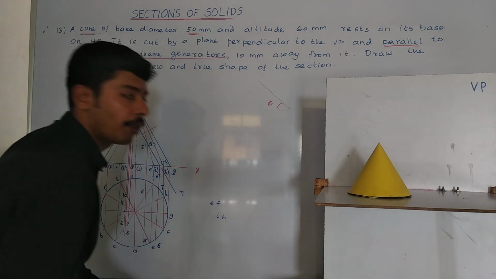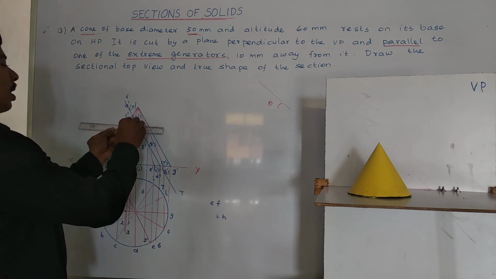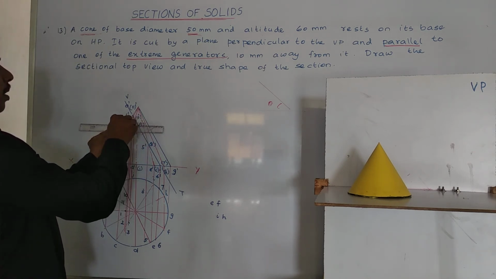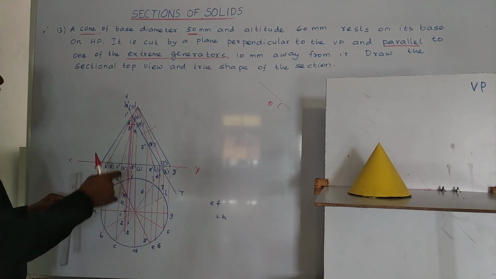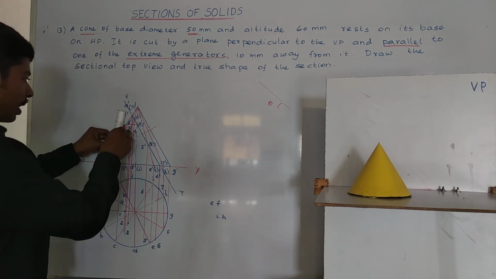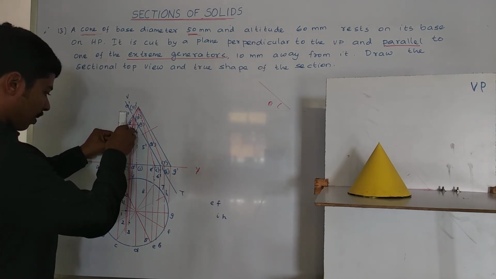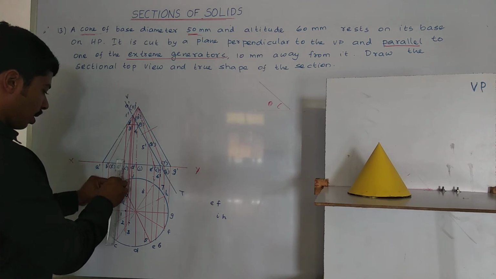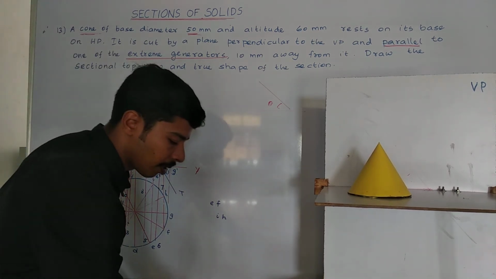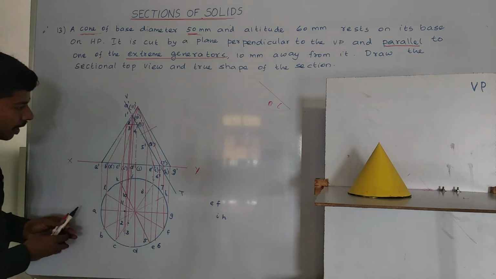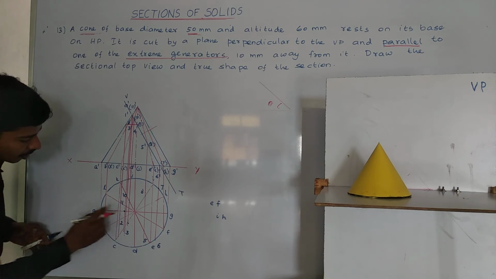So how to mark 4 and 9 means just you transfer this 4 and 9 to horizontal. Draw horizontal line from 9, this point to the extreme generator. Then bring it towards down. So we will get this point.